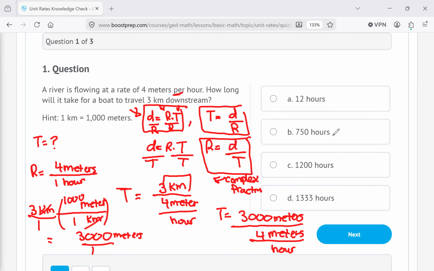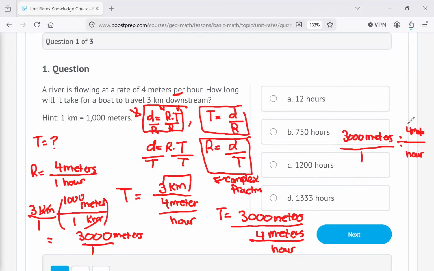But if you see the bigger picture, this is what's happening. This is how they get only hours as the final unit. They wrote it as 3,000 meters, with an invisible 1, divided by 4 meters for 1 hour.